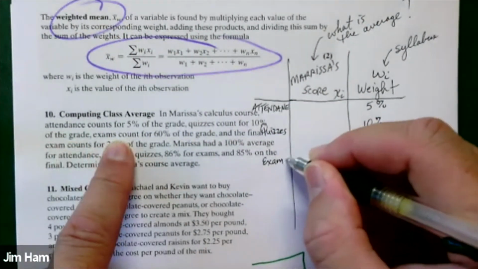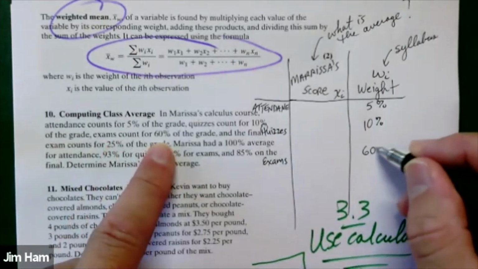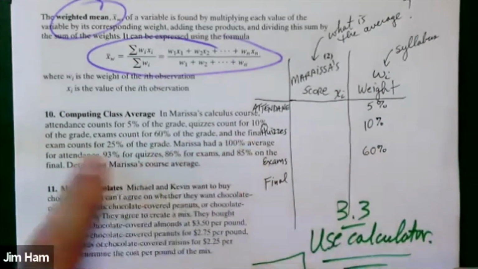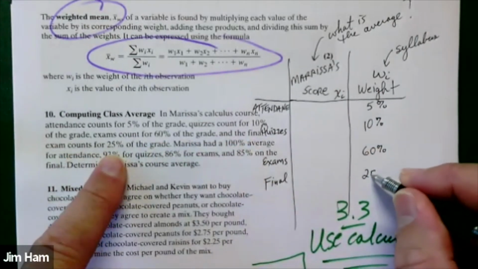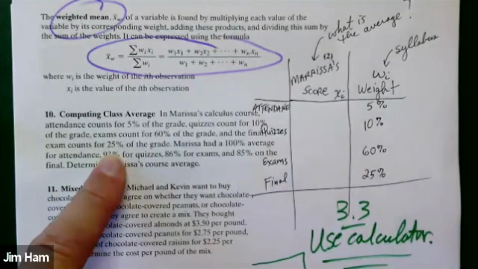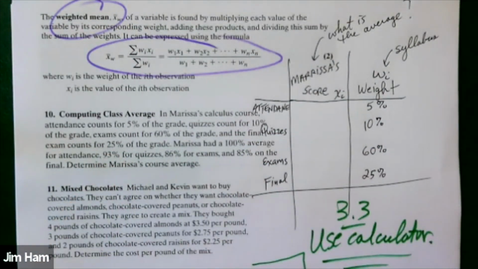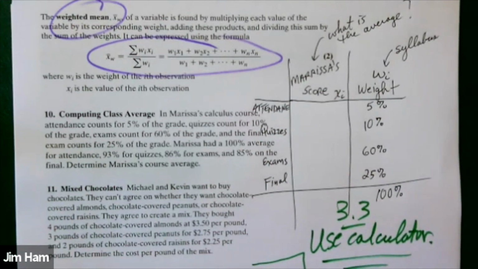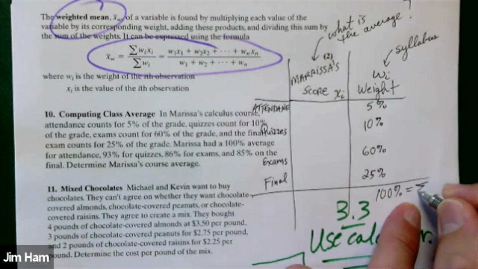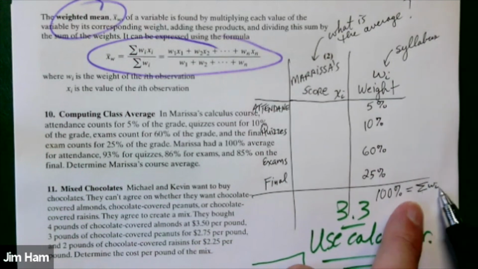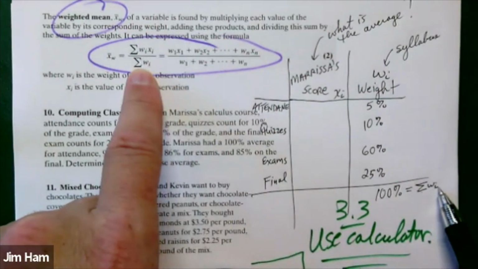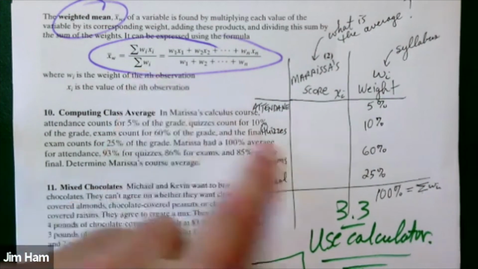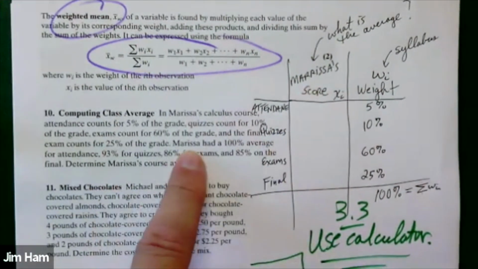Exams account for 60%, and the final exam counts for 25%. Now, you don't necessarily have to have those weights add up to 100%, but it's usually going to be the case that this number down here is the sum of the weights, and that's what appears in the denominator over here.